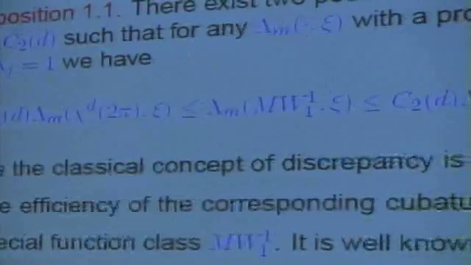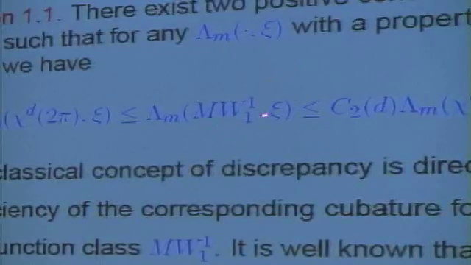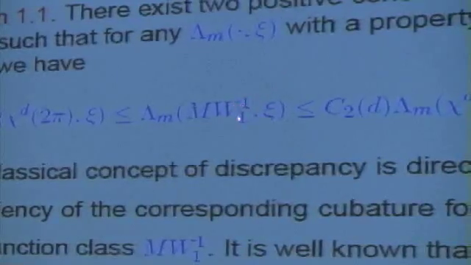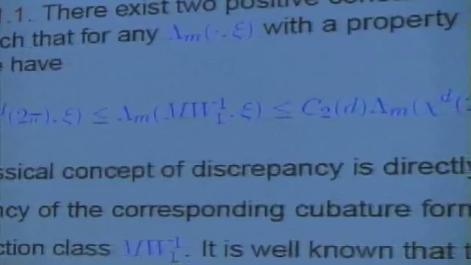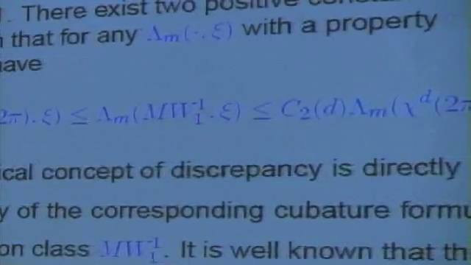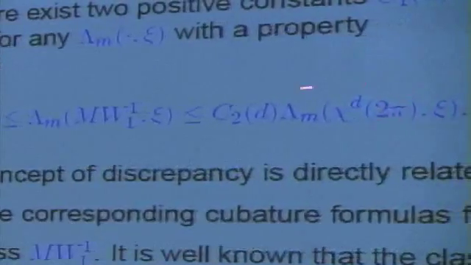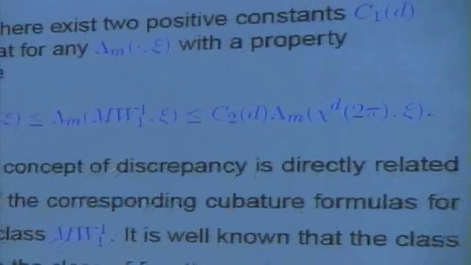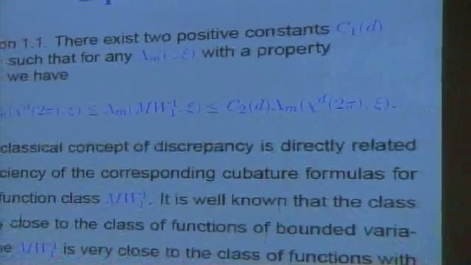And thus, you can look at this class and see that it is a very specific class, because when we define this class, we have these two parameters, R, which is smoothness, and P, which in this case equals 1. So we have a variety of these classes, but discrepancy is associated in a very close way to this particular class. And these are some remarks about these classes.